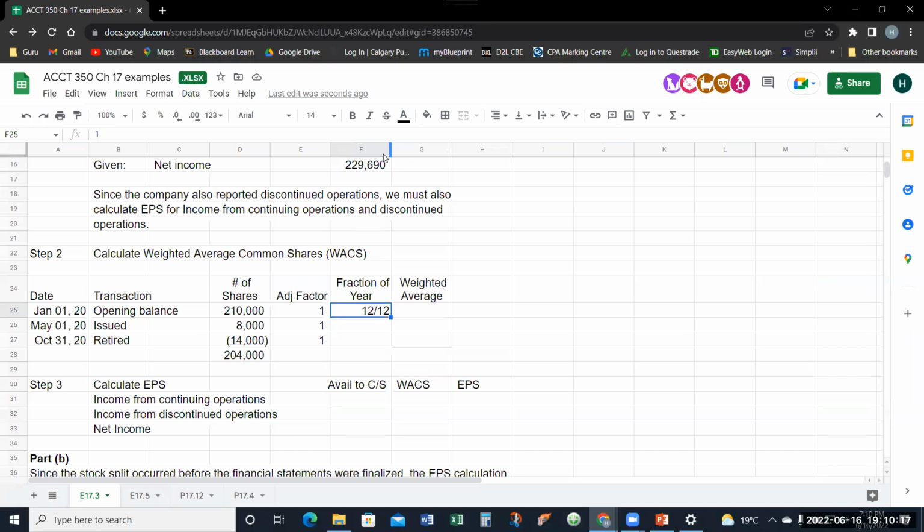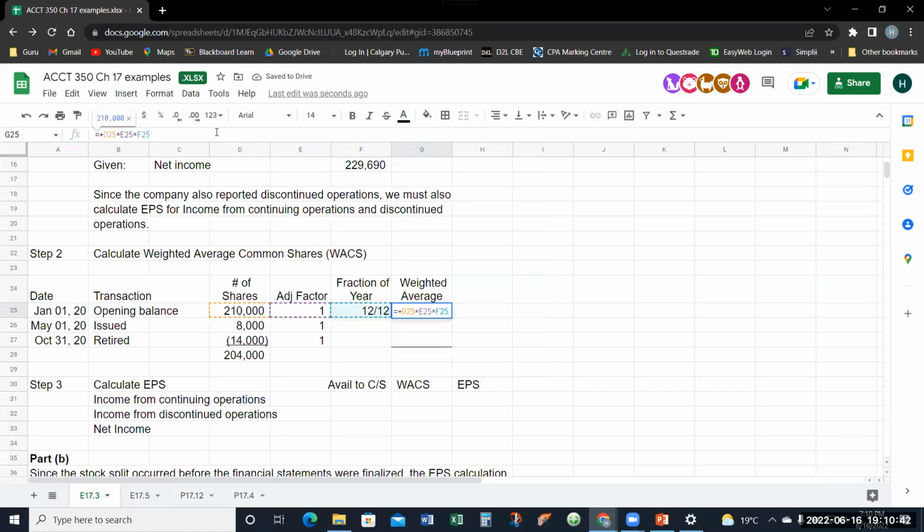So 12 out of 12 months in the year, that number was outstanding. The weighted average for this one will be 210,000 shares times the adjustment factor times the fraction of the year. So 12 out of 12 is 1 as well. So 210,000 times 1 times 1 gives us a weighted average number of 210,000.